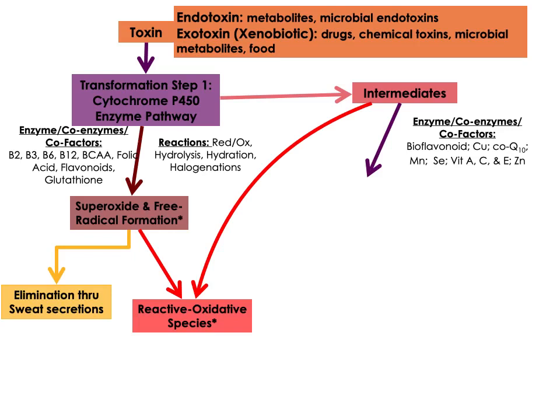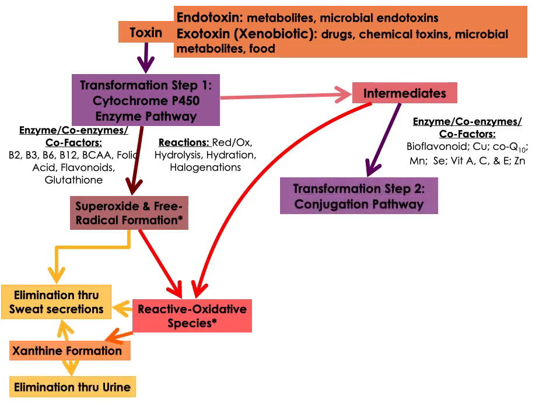The secondary coenzymatic reaction will form reactive oxidative species. These reactive oxidative species can come about through degradation of the superoxides. The ROSs can either be eliminated through sweat or get conjugated into what we refer to as xanthines. Xanthines will then get eliminated either through urine or through sweat.